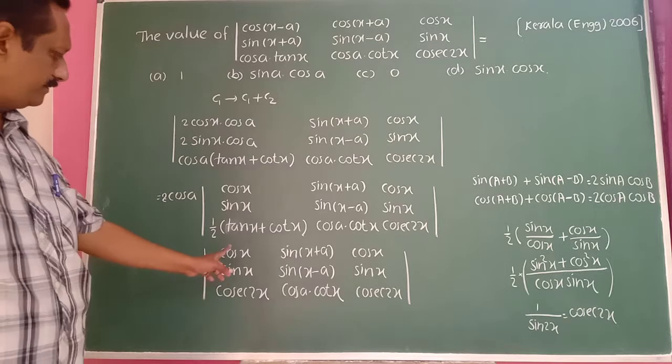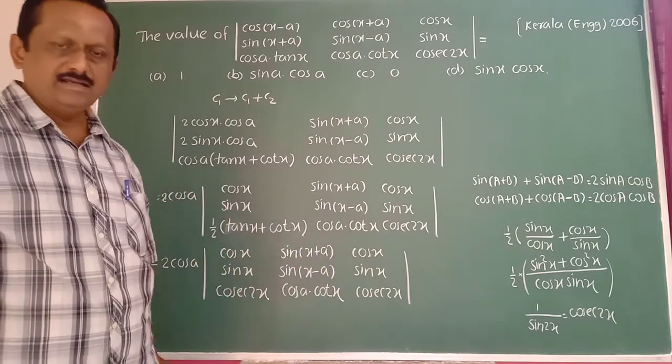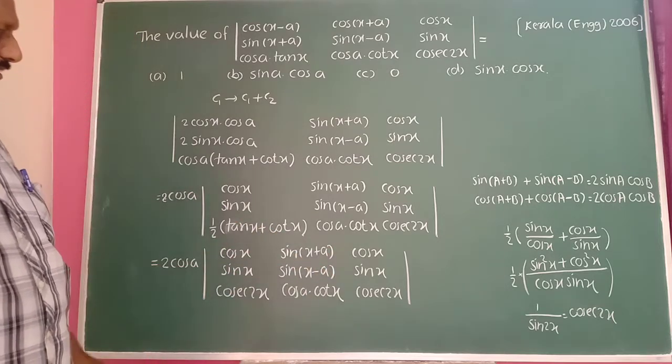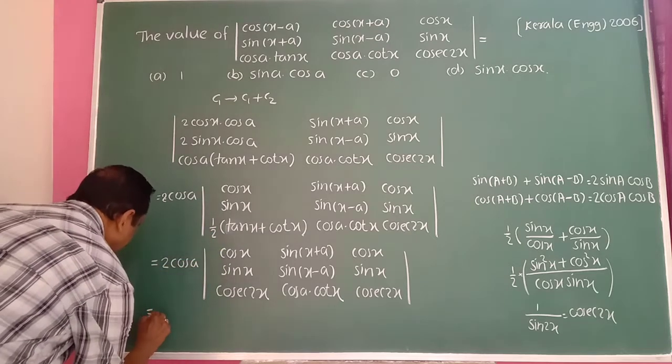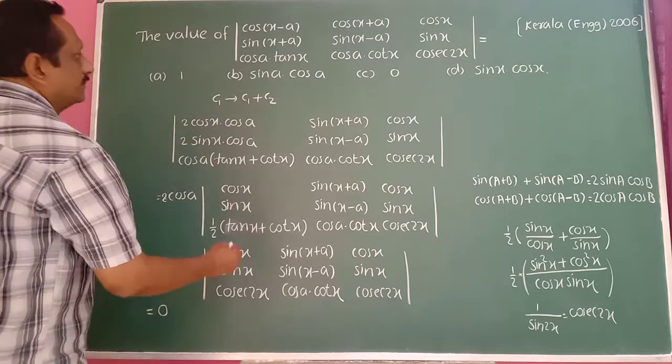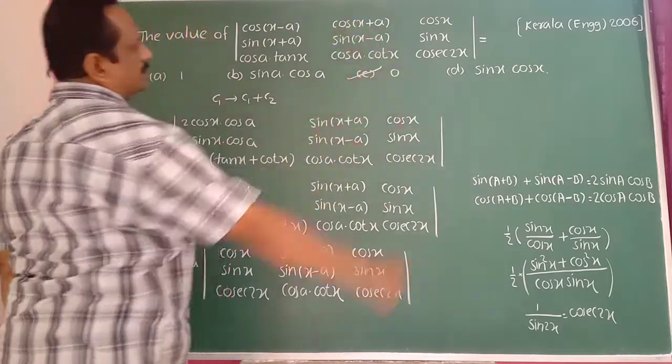You just observe here, the first and last columns are identical, the same elements are there. Hence the value of the determinant is 0, 0 into any term is 0. Therefore C is the correct option, 0.